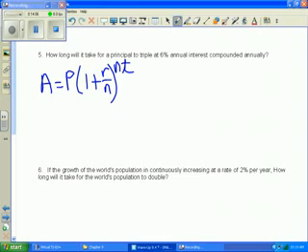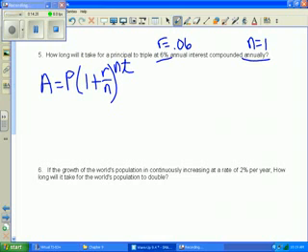What's N represent? N is the number of times it's compounded in a year. So here, it's compounded annually, so what is N? 1. 6% rate as a decimal.